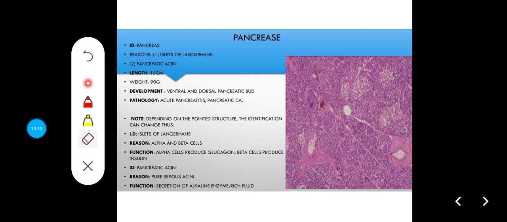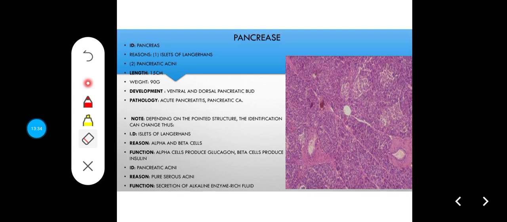The lower side notes. So now how do you identify the pancreas? The pancreas is a mixed gland. It is both an exocrine and endocrine gland. Exocrine in the sense that it releases its secretion into ducts, and endocrine in that it releases its secretions directly into blood vessels.